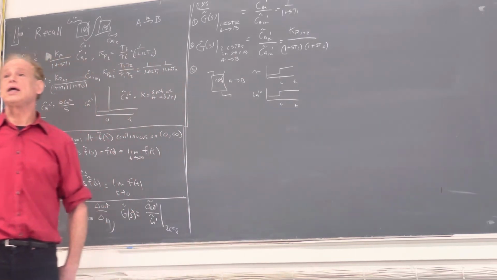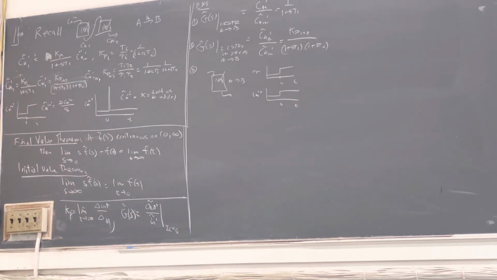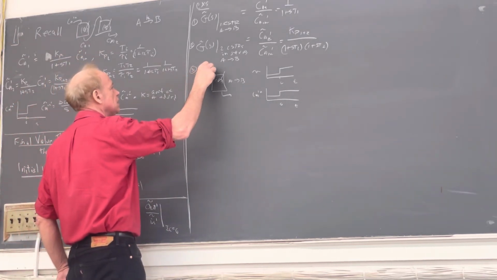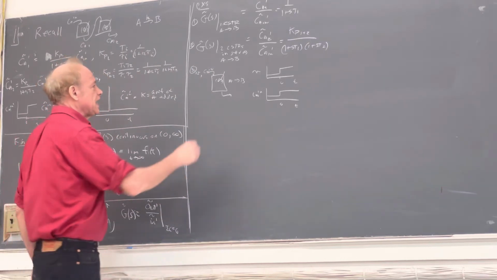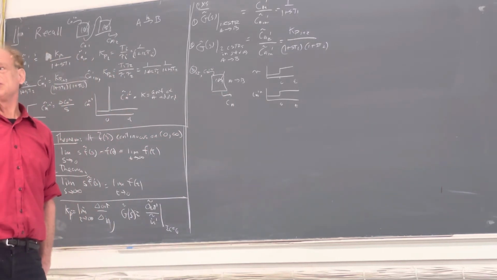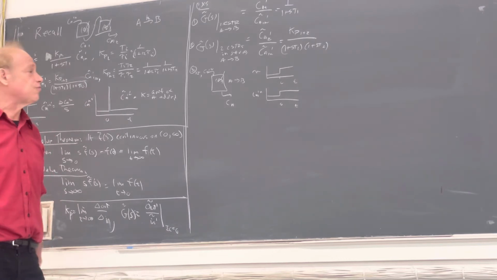So they're both taking jumps at the same time, both at t equal to 0. I had you do this on the exam. So here I have a v coming in, CA in, CA coming out, and obviously isothermal, assuming constant uniform density.